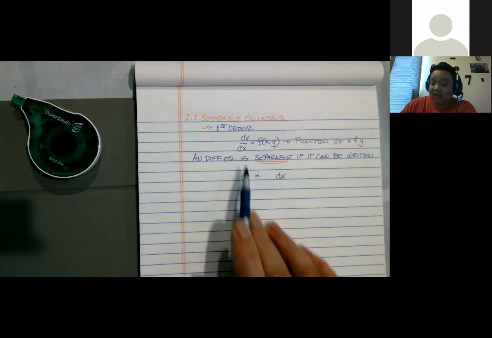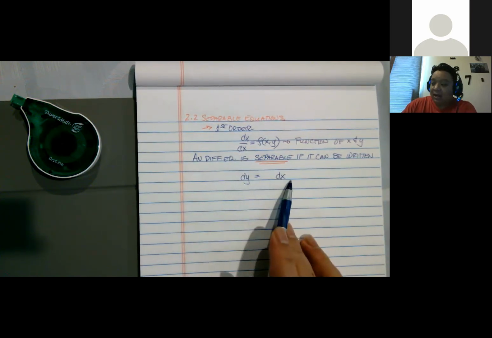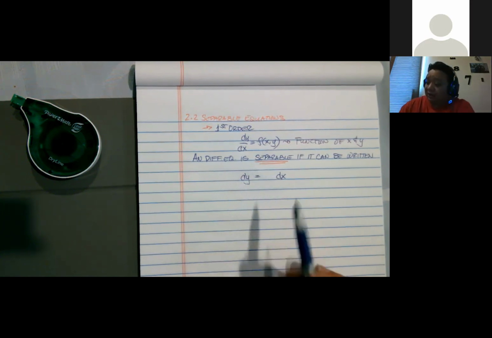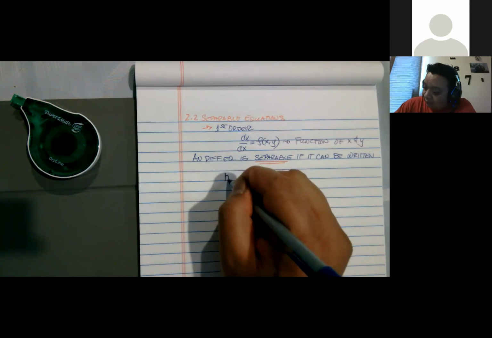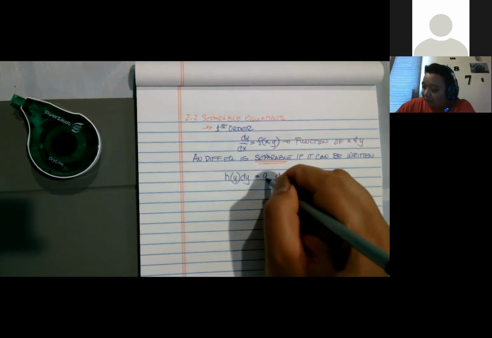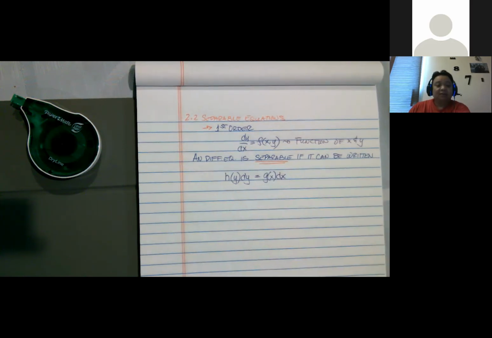So the dy/dx is split. And then essentially your function has to be split as well. So you're going to have a function of y on the left and then a function of x on the right. So if you're able to do that, then your differential equation is separable.